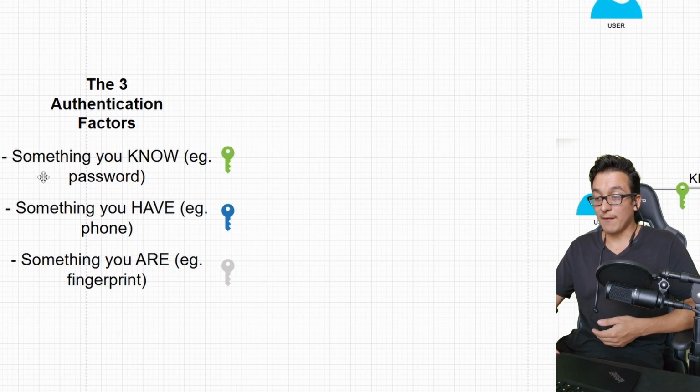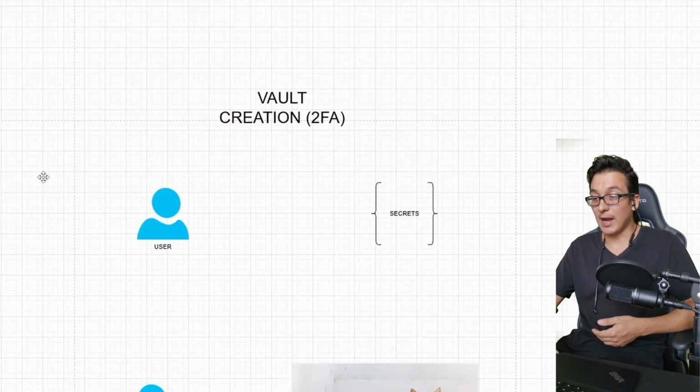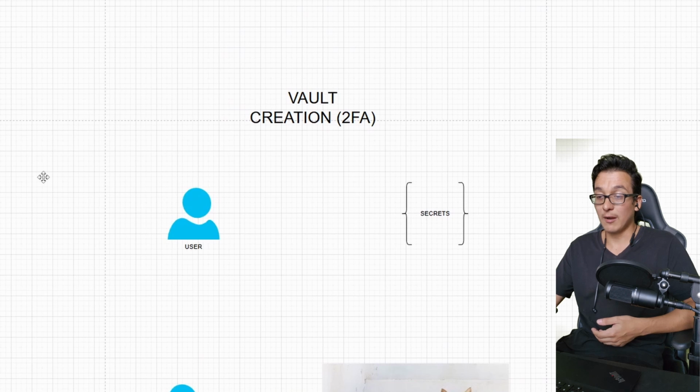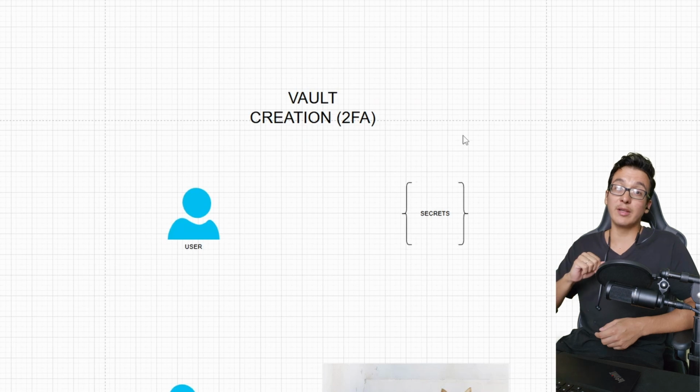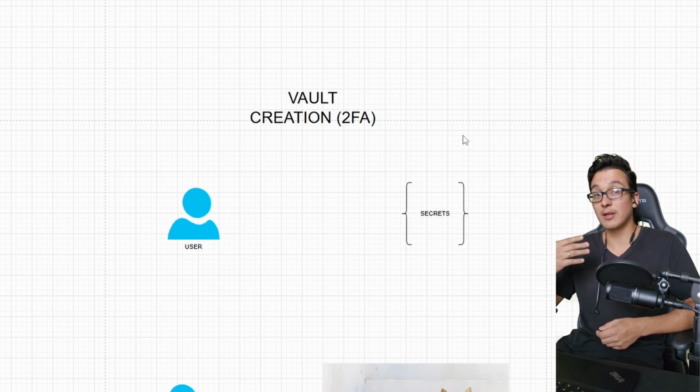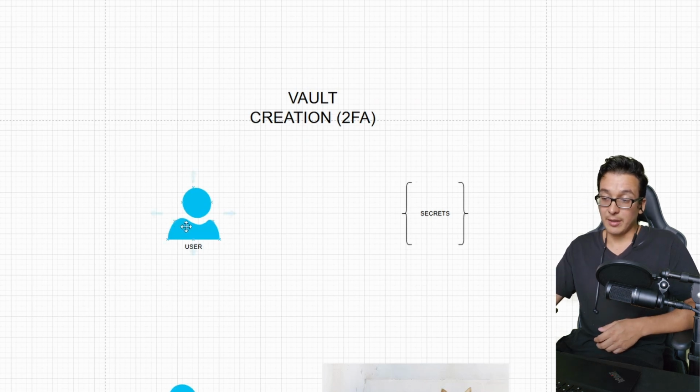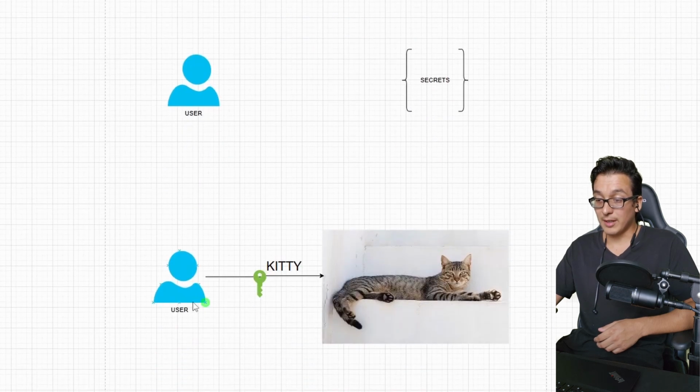So now that we have some understanding of that, let's go into exactly how a vault is created for this type of project. The vault that we're going to create will be a piece of data locked behind a cat picture, and there are going to be 2 factors needed to extract the secret from that photo. Let's go into the process of how that's going to go down. So here is the user, and the user has some secrets. Now the user is going to pick a photo to put those secrets behind.